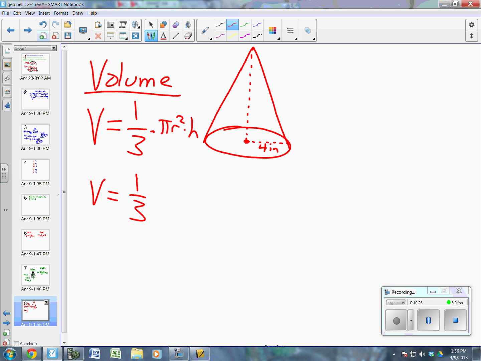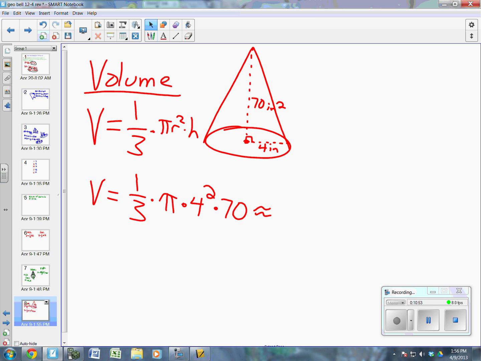What do you guys want for the height? 70, did you say? Okay. So we want to find the volume of that. All we do is go 1/3 times pi times r squared times height, which is 70. Plug and chug. Put that in your calculator.